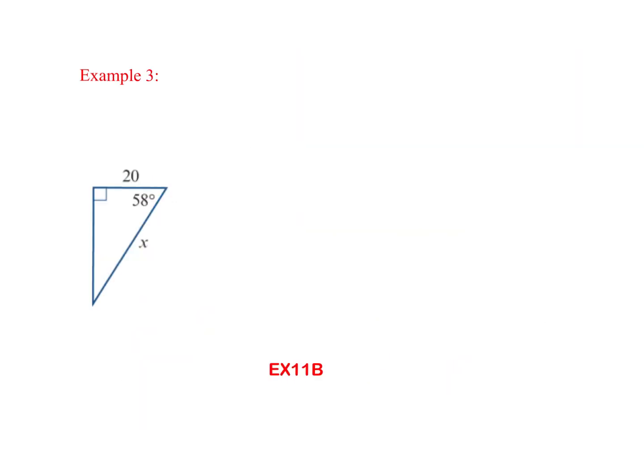So our first step is to label our triangle. I've got the hypotenuse, this would be the opposite and this would be the adjacent. Because I'm on a new page, I'm just going to write SOHCAHTOA up the top to make sure I pick the right formula. I've got A and I need to find the hypotenuse. So which one has A and H in it? Cah. Good.